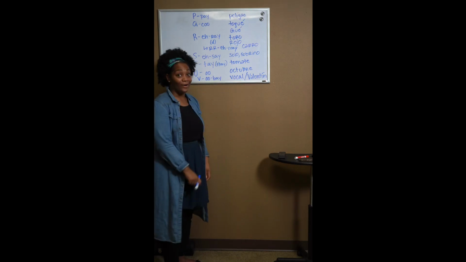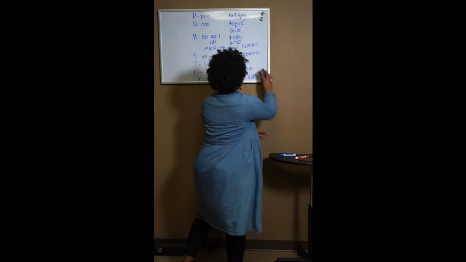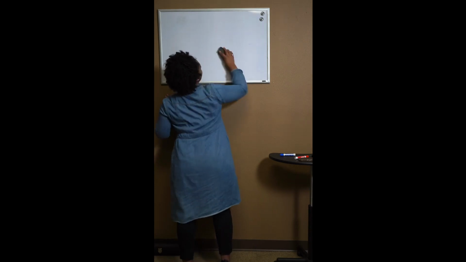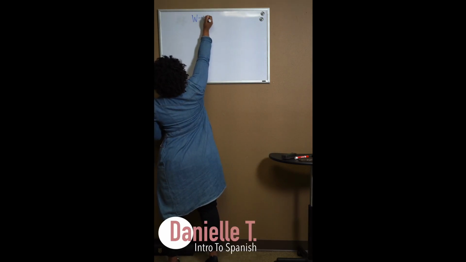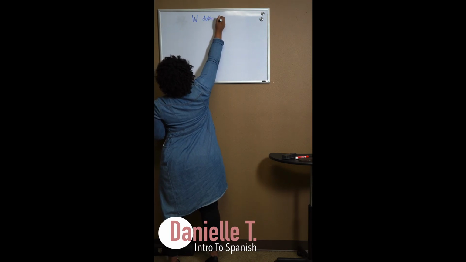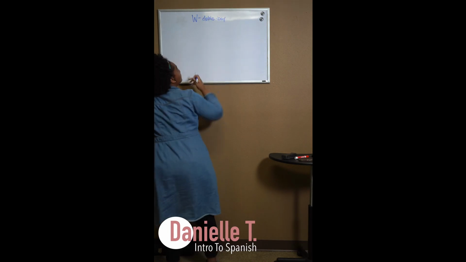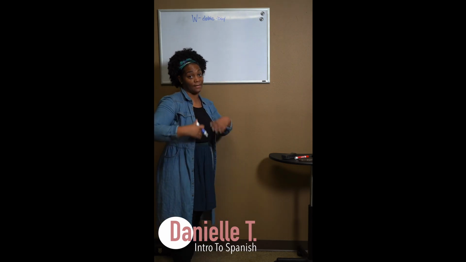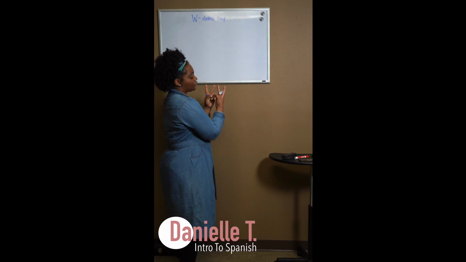Okay? All right, we're almost done. Let's do our last couple letters. So W is literally called doble ve. It basically means two V's.